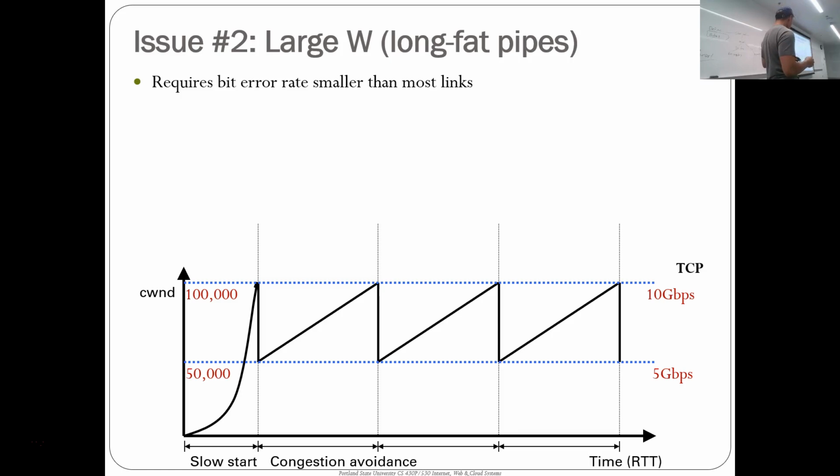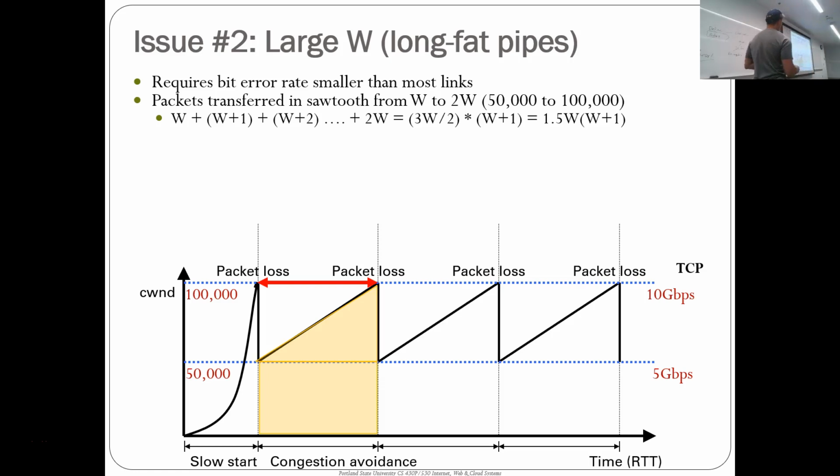And if you look at the packet loss rate that's required to support this, in between these two packet loss events, you are allowed 2 packet losses between these 2 points. And the number of packets that get sent in between these 2 points is basically the area under this curve. So you have the window size here and then round trip times on the bottom.